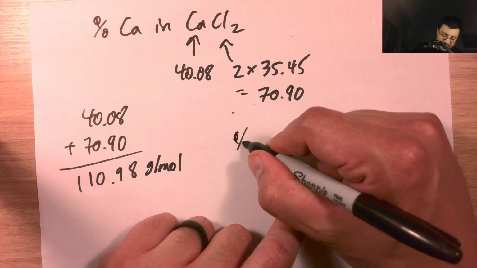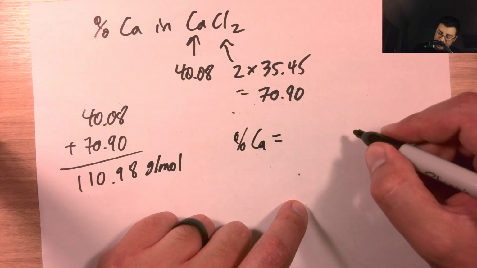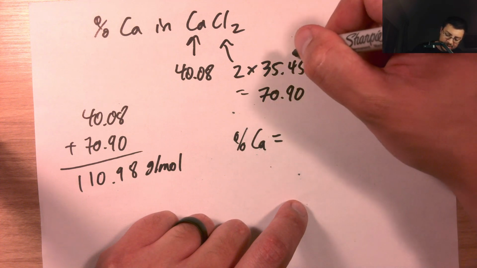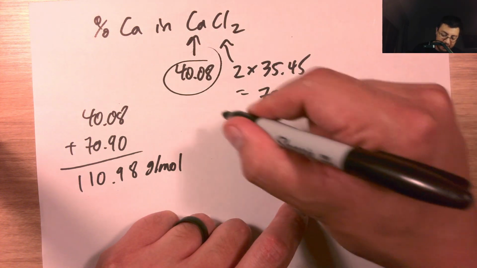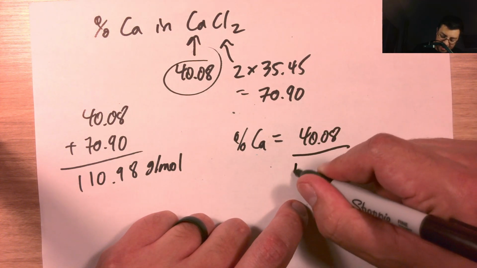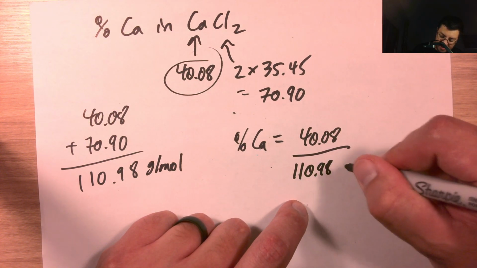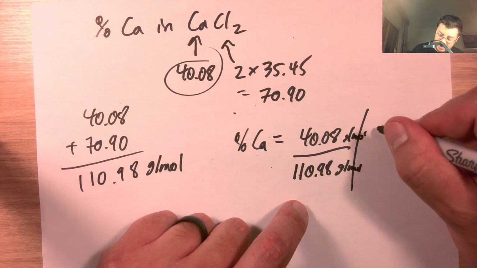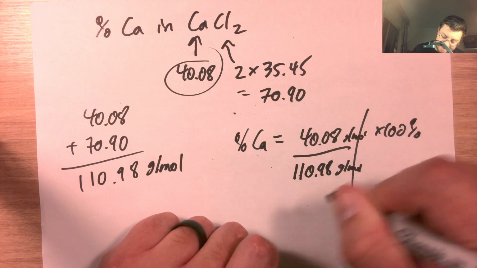So to get the percent calcium, there's my calcium. I only have 1 of it, so 40.08 divided by the 110.98 grams per mole, they cancel anyways, times 100%.